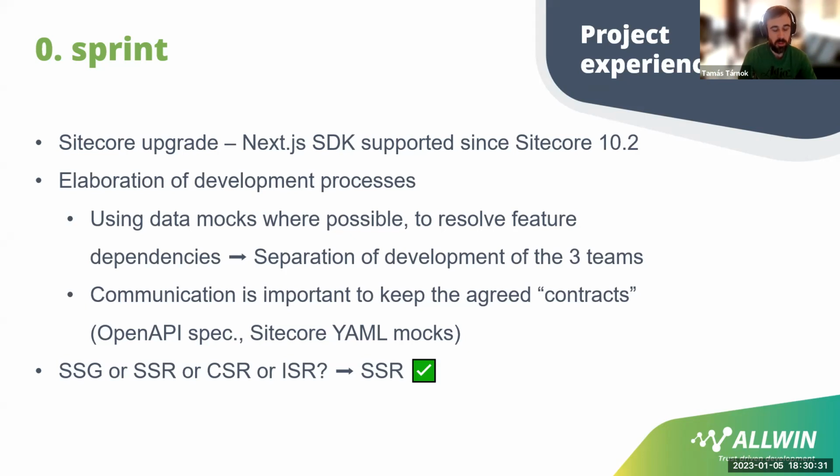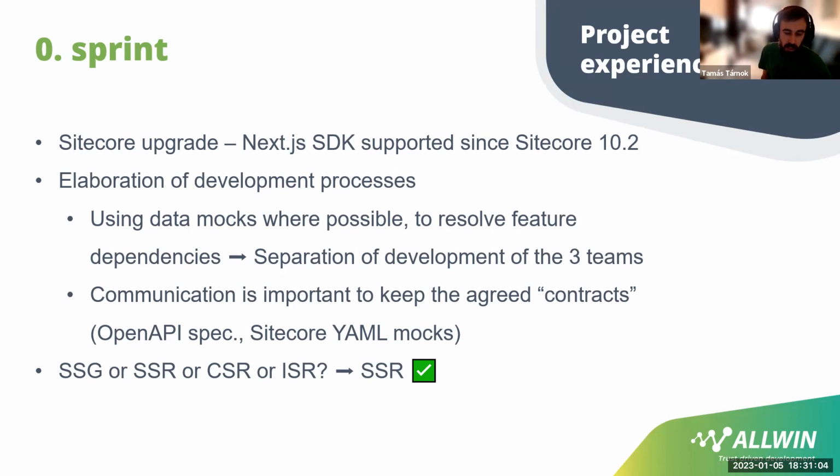So for example, if the front-end developer wanted to work with some new mocks, what we did is jump in a call and discuss the response schema, and then document it in an Open API specification. And then from there, the front-end developer could make his own mocks for every dependency he was using.